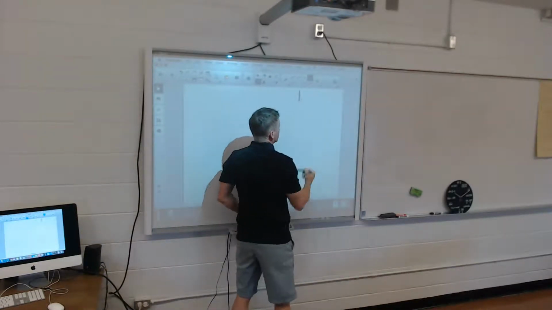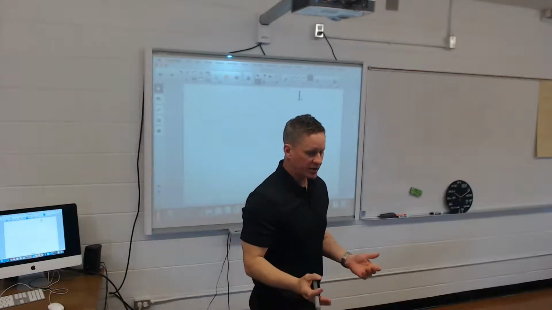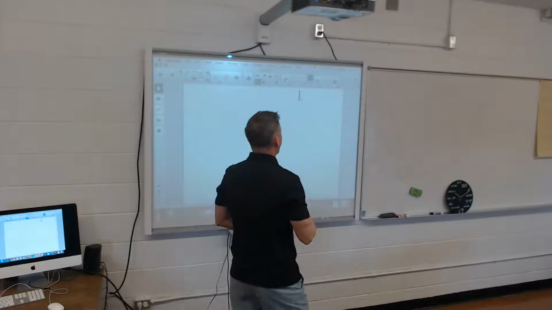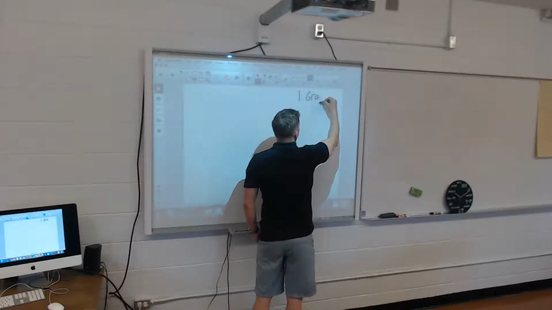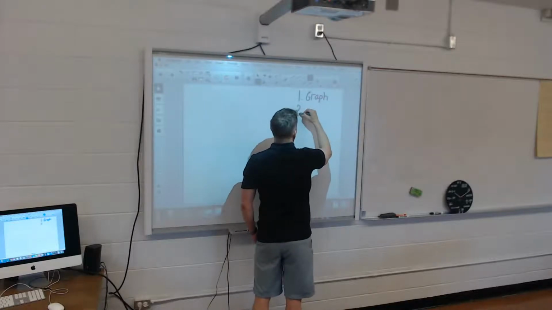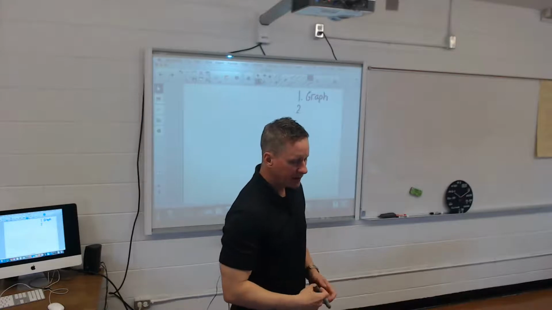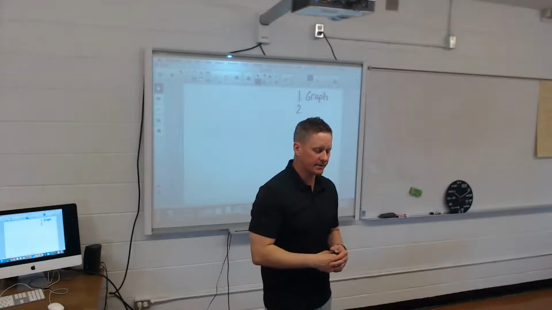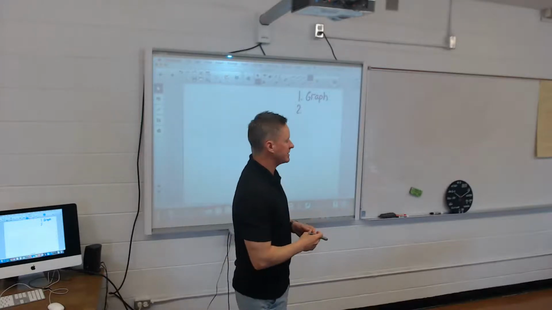So when we're solving systems of equations, that's what you were doing, we're trying to find intersection points of graphs. There are 3 methods that we can use. The first method is to graph them. So we graph them and we find out where they intersect, or if they're parallel lines and there's no intersection, or if they're the same line.